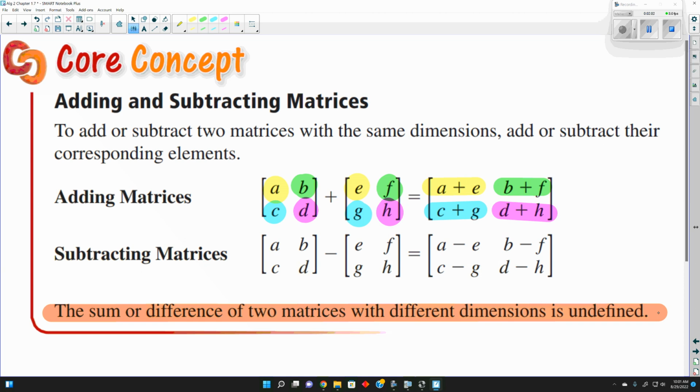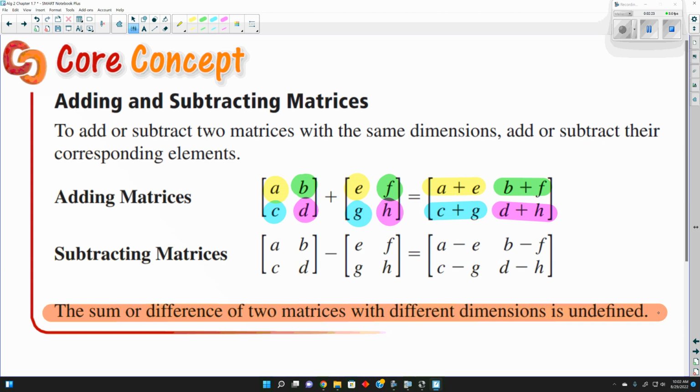If the dimensions aren't the same, we can't add or subtract. So if one of them's a 2 by 2 and the other's a 3 by 3, it does not work. The dimensions have to be the same for us to add or subtract.